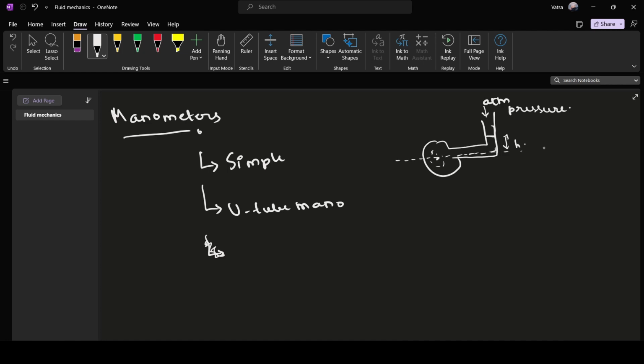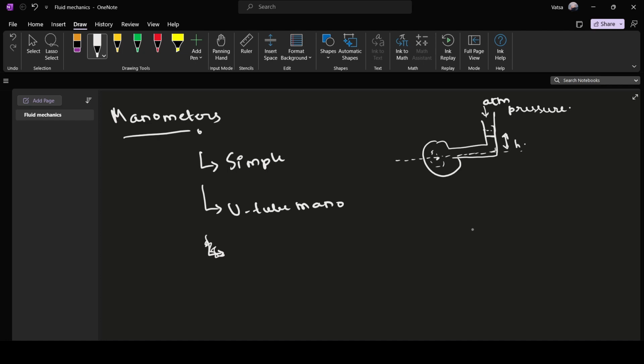I forgot what we call this line. So whatever it is, let this be the height of rise. That will be given as h. A simple manometer consists of a glass tube having one of its ends connected to a point where pressure is to be measured and the other end remains open to atmosphere.